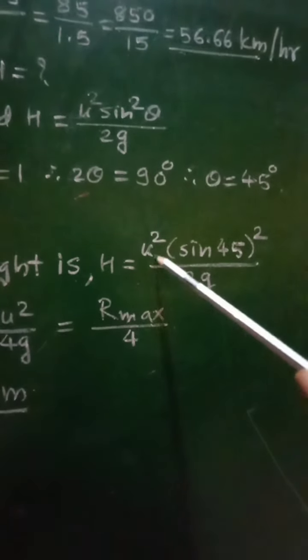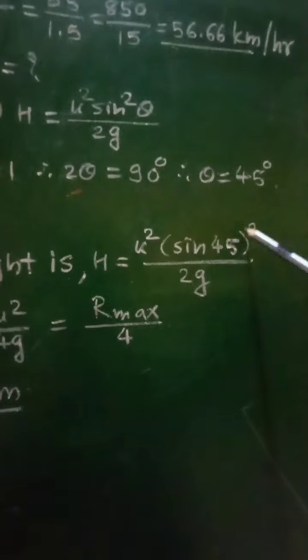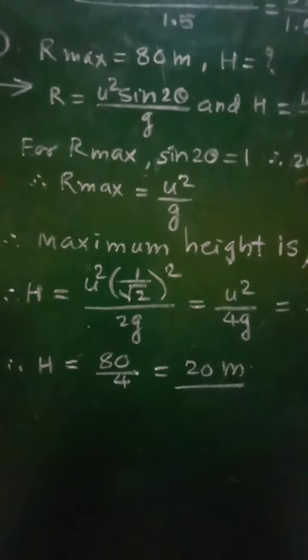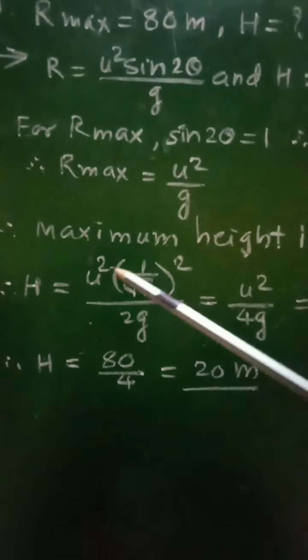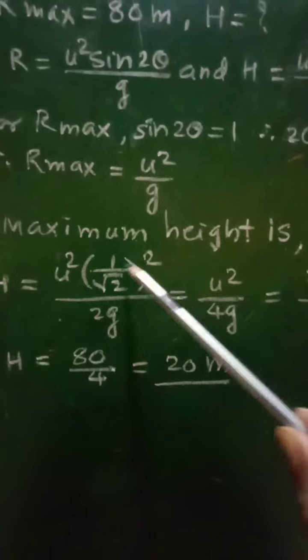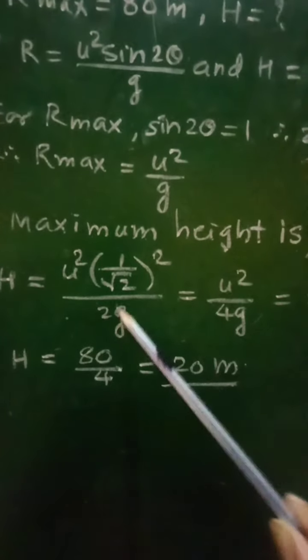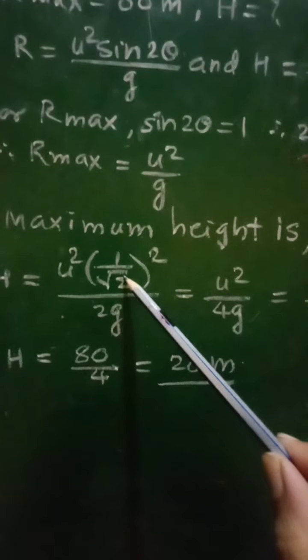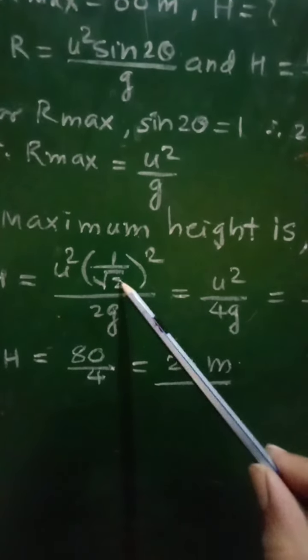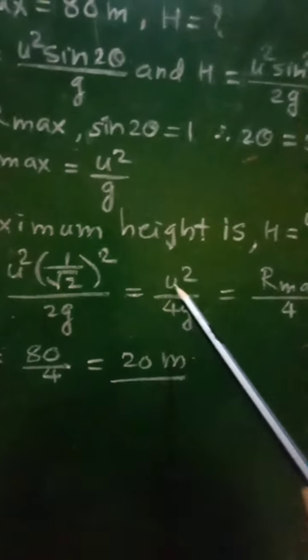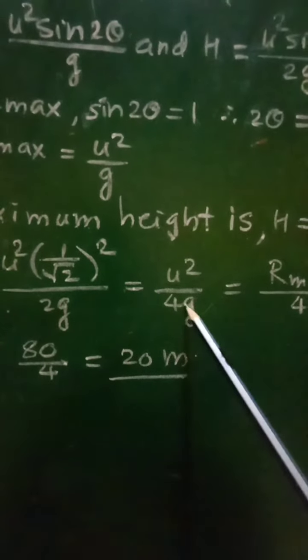Which will be written as h is equal to u square into sine 45, which is 1 by root 2, its square divided by 2g, but 1 by root 2 square is 1 by 2, and therefore 2 into 2 we will get 4g, and therefore it will be u square by 4g.